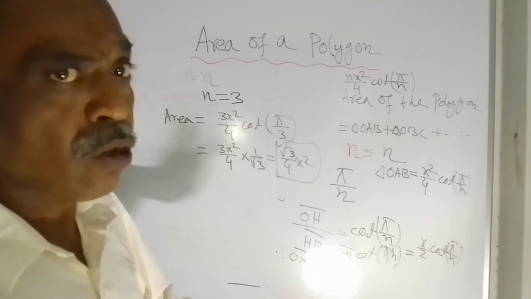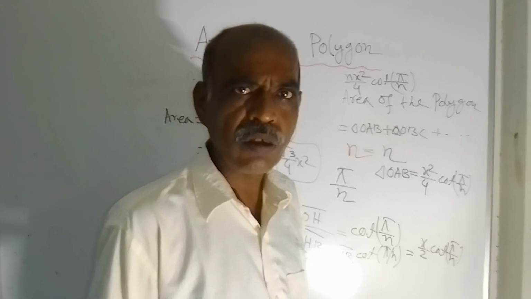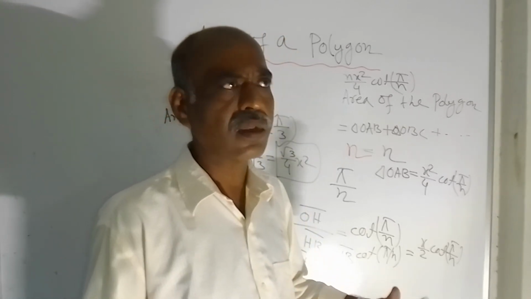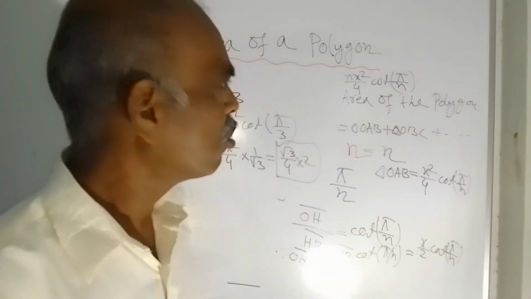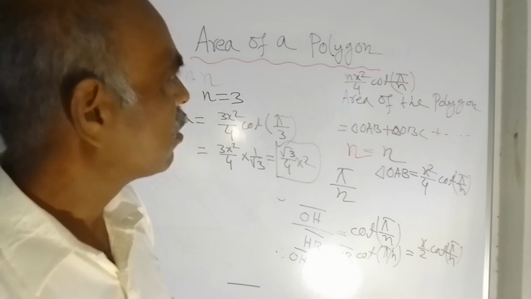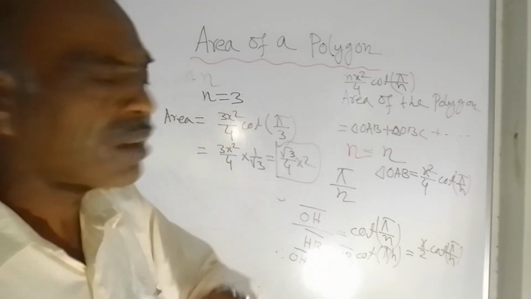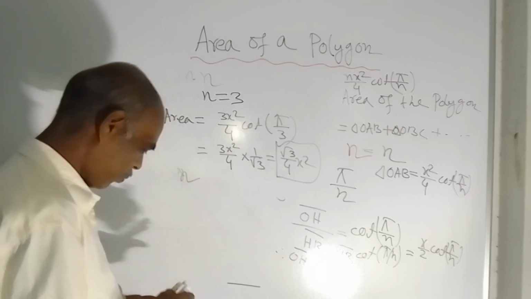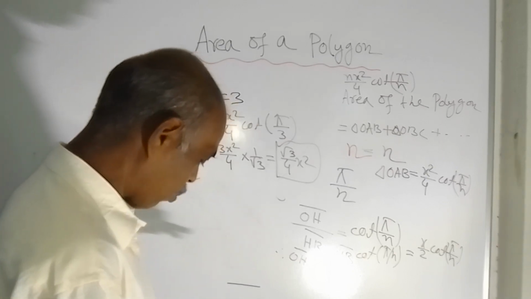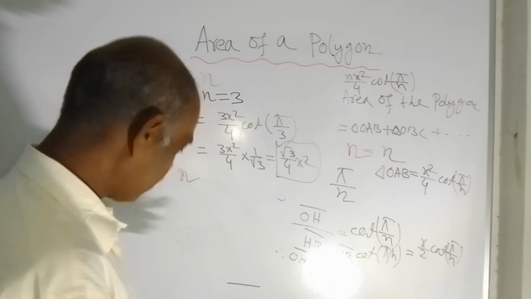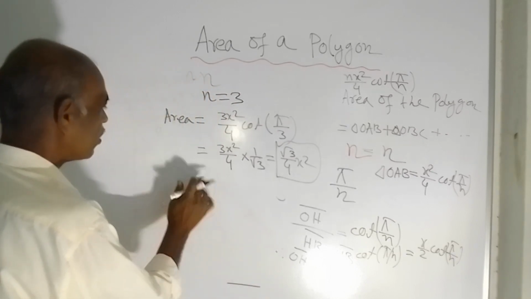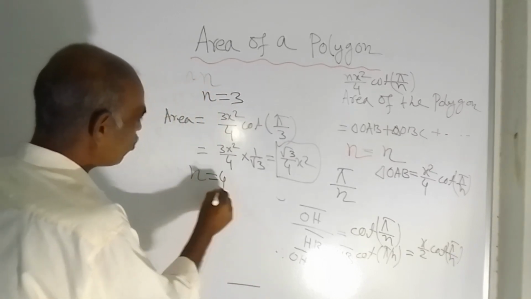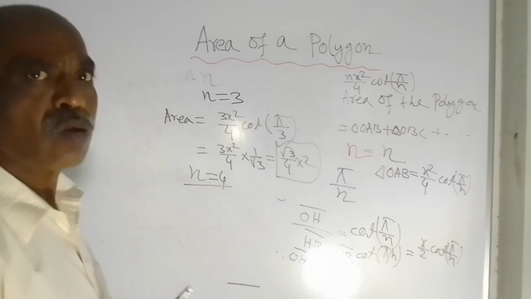A square can also be considered a regular polygon having 4 sides. So in the case of a square, n is equal to 4.